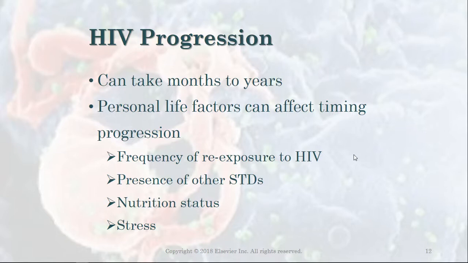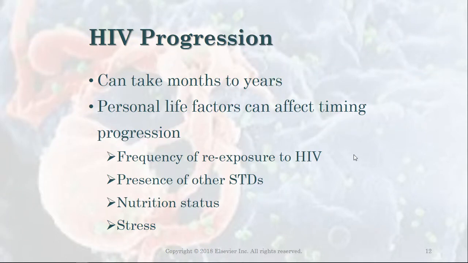So usually there's a slower progression when it's contracted from a single encounter. So if you're with someone and you find out that they're HIV positive and that was the only time you were with that person, there's usually a slower progression. So the more your body is exposed to the HIV virus, the more opportunities the virus has to enter your bloodstream.